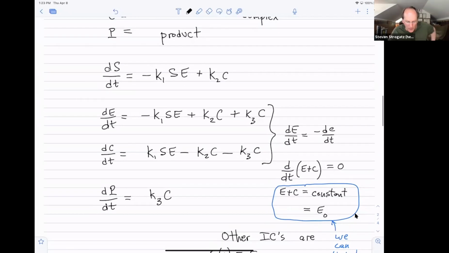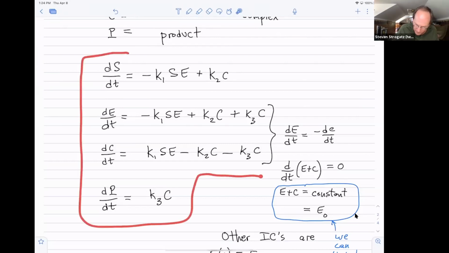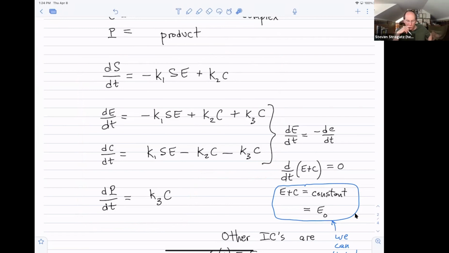If you add all four equations, that should be zero. The total concentration of everything should be constant because nothing's destroyed. Things are just interconverted. And you can see that if you just add the four equations, all the right-hand sides, everything cancels out.